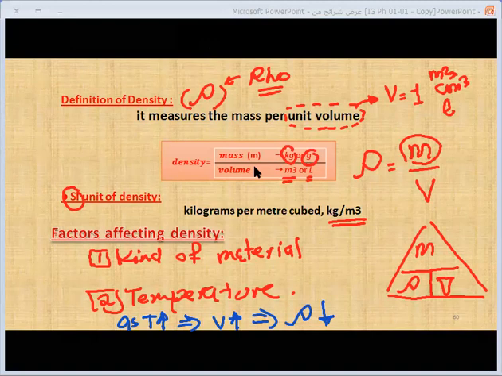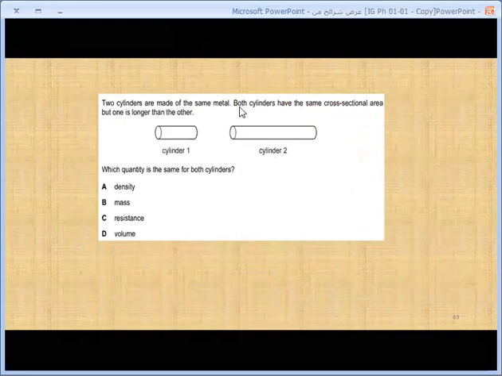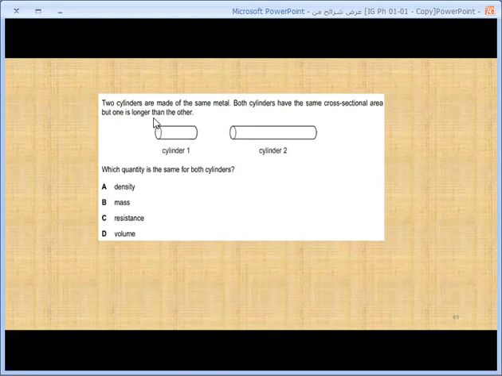For example, if I have, let me show you a question. Okay, look at this. Here, this question. Two cylinders are made of the same material. Let's create a drawing. Both cylinders have the same cross-sectional area, but one is longer than the other.